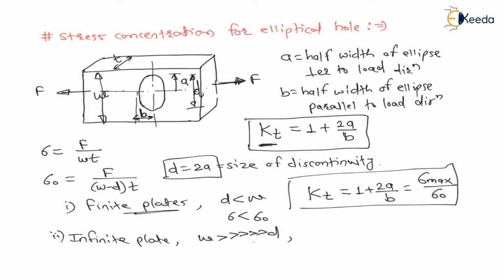In this case, the stress and nominal stress approximately become the same. Therefore this Kt becomes sigma max divided by nominal stress, which is nothing but sigma max divided by stress in the component. That means when your plate is infinite, the discontinuity can be ignored for calculation of nominal stress, right?